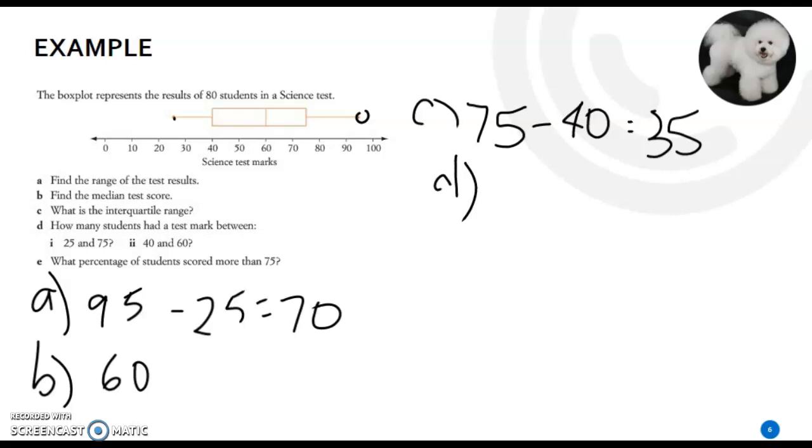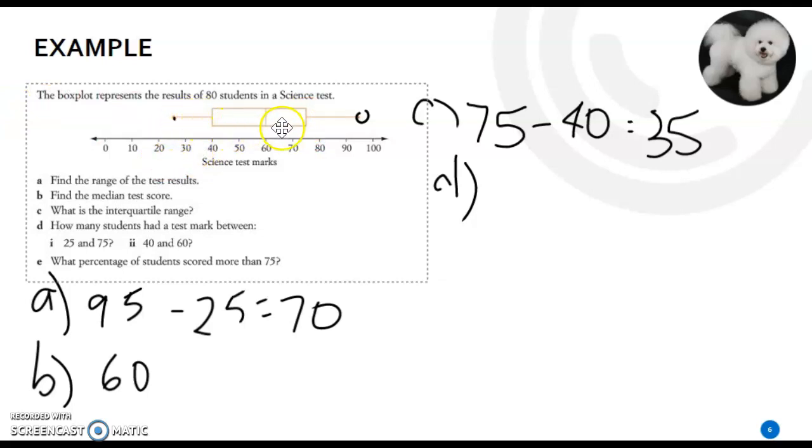Okay, how many students had a test mark between 25 and 75? That covers 3 sections of the graph. 75 is up here, and 25 is down here.